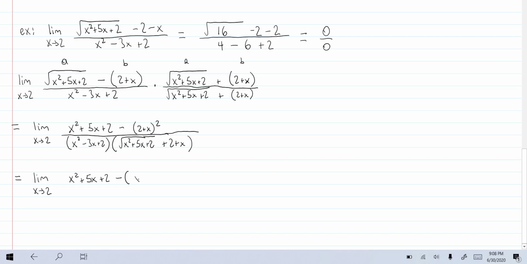So it should FOIL out to be x squared plus 4x plus 4. In my denominator, because I know I'm going to want to factor eventually, I'm going to go ahead and factor this polynomial down here. So that polynomial can factor as x minus 2 times x minus 1. And then we still have times this last expression.